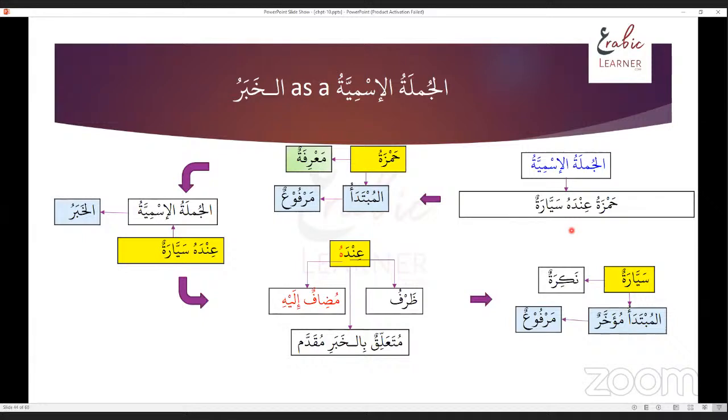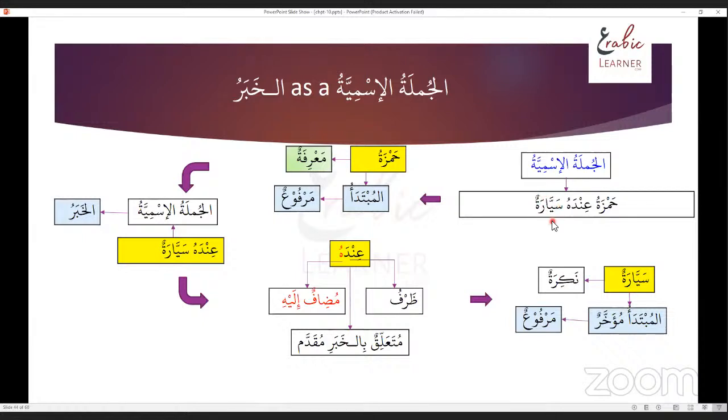Okay. And if you want, you can further do the analysis of this small sentence within that sentence, for your understanding. If you just put a hand on Hamza and look at indahu sayyaratun, you will say that this is khabar muqaddam, mutalik bil khabar muqaddam, and this is mubtada muakhar.